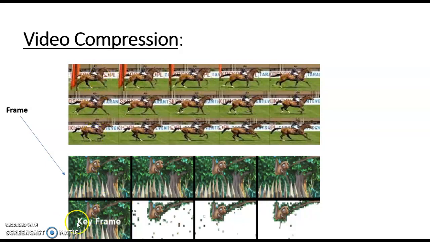Then for the next frame, I can find out the difference between this key frame and this frame, and that difference can be transmitted. In this way the data required will be less.